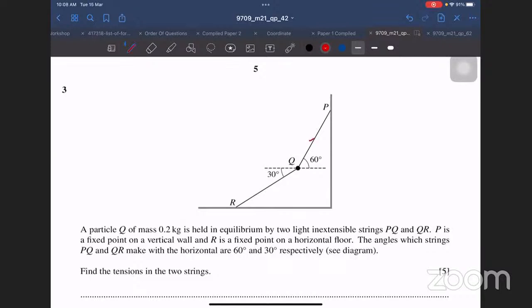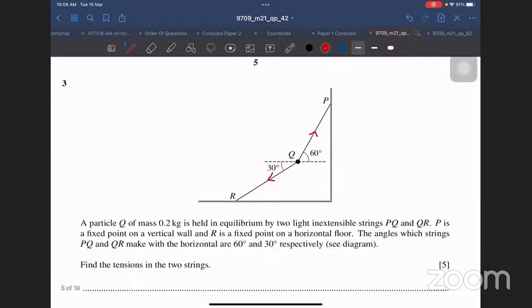So when this particle is being pulled up, can I say that the tensions are moving down? Let's call that TR and let's call that TP. There's the weight here. That's 2.